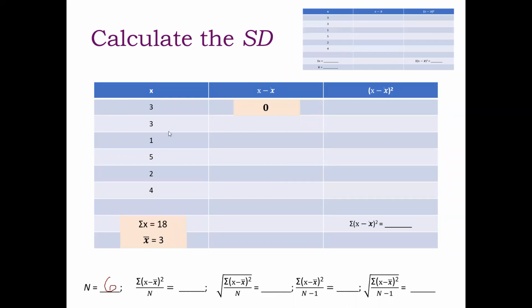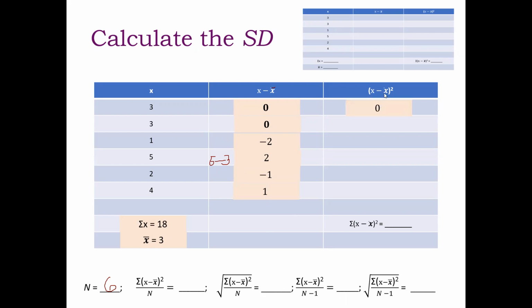So 3 minus 3 is 0. 3 minus 3 is 0 here. 1 minus 3 is negative 2. Remember, just in case you've forgotten, this is just 5 minus 3 because it's x minus the mean of x. This is the mean of x, right? 2 minus 3 is negative 1, and 4 minus 3 is 1. This adds up to 0 if you want to check your work.